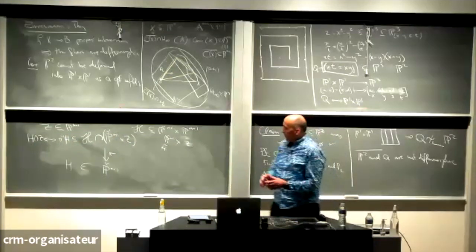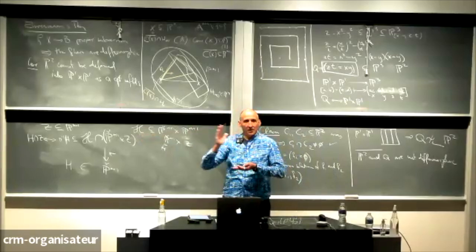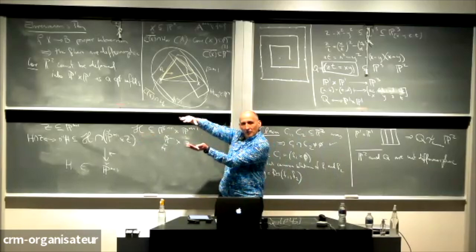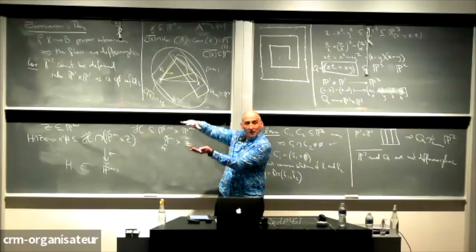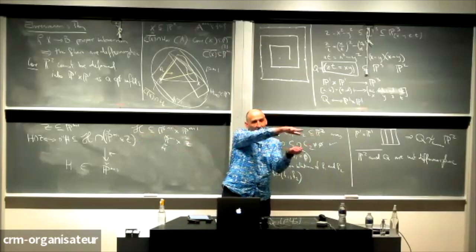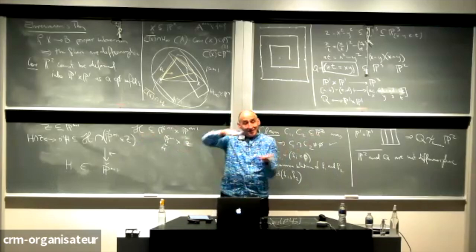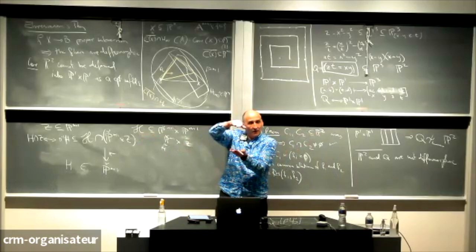So basically what I'm doing is I look at this universal hyperplane, so all the hyperplanes in Pn, and I take something in Pm plus 1, and I pull it back and intersect it with this universal hyperplane, which means that for every single hyperplane, I intersect it with that hyperplane.